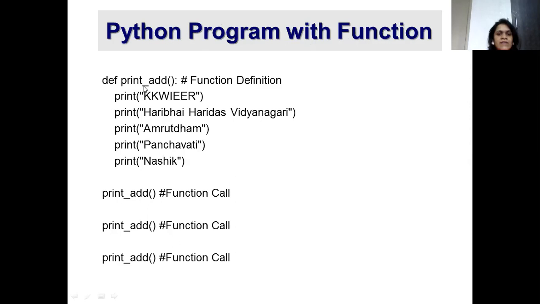To define a function in Python, we must note that functions start with a keyword called def. This def stands for definition, followed by the function name you want to give, like here in this case, print add, representing print address.